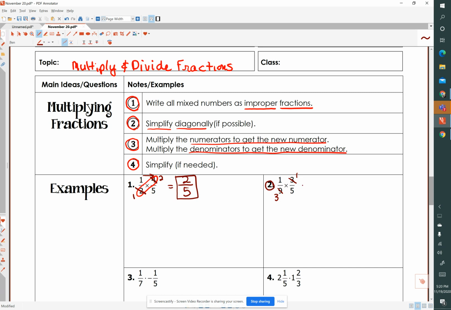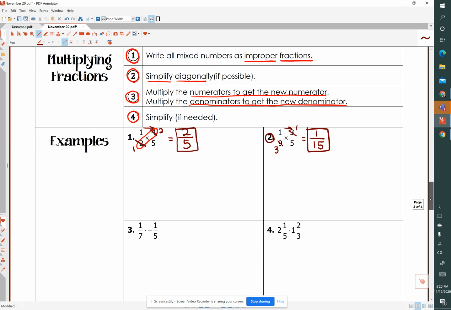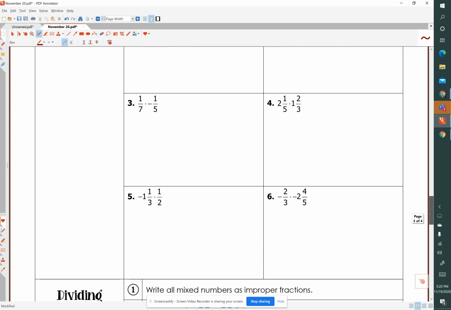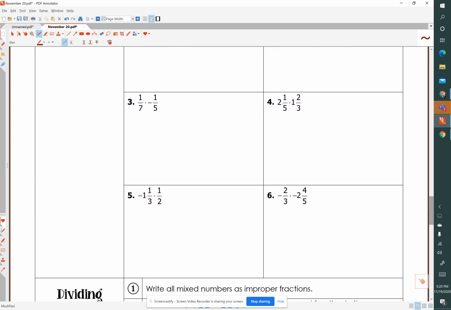So I've already simplified, and now I multiply straight across. 1 times 1 is 1, and 5 times 3 is 15. Again, because I've simplified at the beginning, I'm already done simplifying at the end. That doesn't always work out like that. Sometimes more simplification is needed.